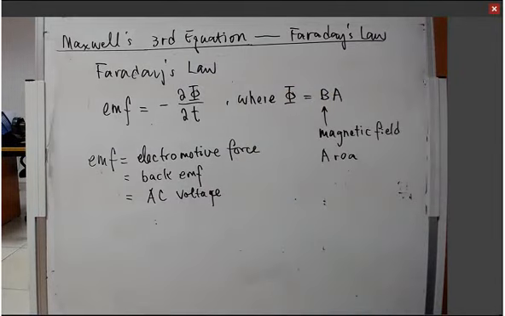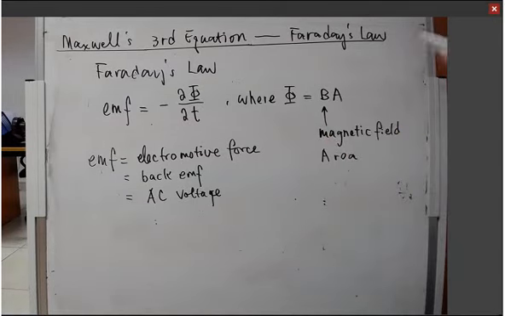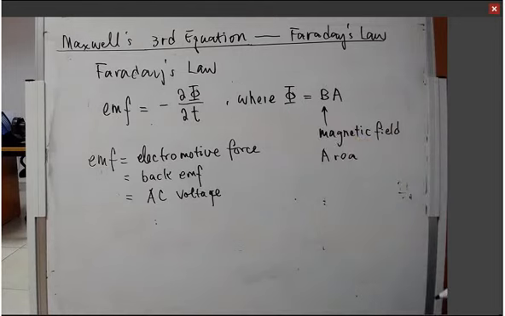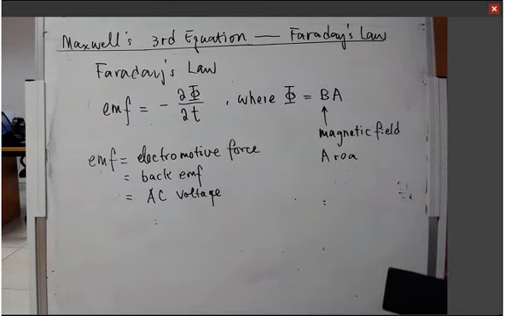Now, the purpose of these lectures is to derive Maxwell's third equation out of Faraday's law. If B is constant, the magnetic flux should be given by B times A. But the reality is that the B field, the magnetic field, is not always constant.